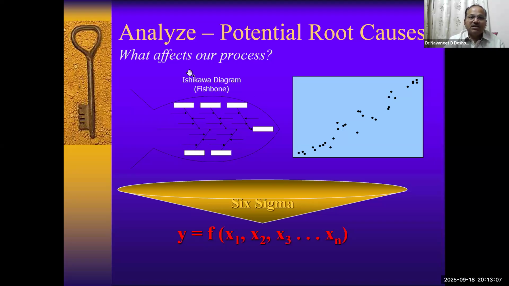So this Ishikawa diagram, the fishbone diagram, will try to deal with the occurrence of a problem. There is one problem at the tip of the fish mouth, and we have to identify the root cause analysis. This is what we call potential root causes, where exactly we are making those mistakes, whether a technical error, a manual error, an HR error, or a training error, what error it is which led to this potential cause of a particular problem.